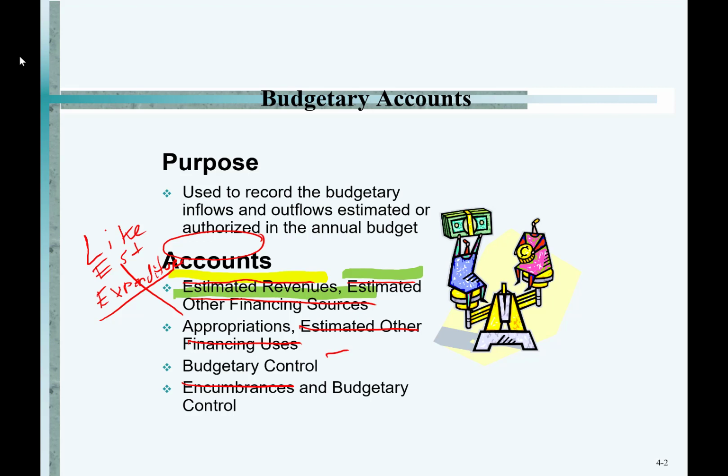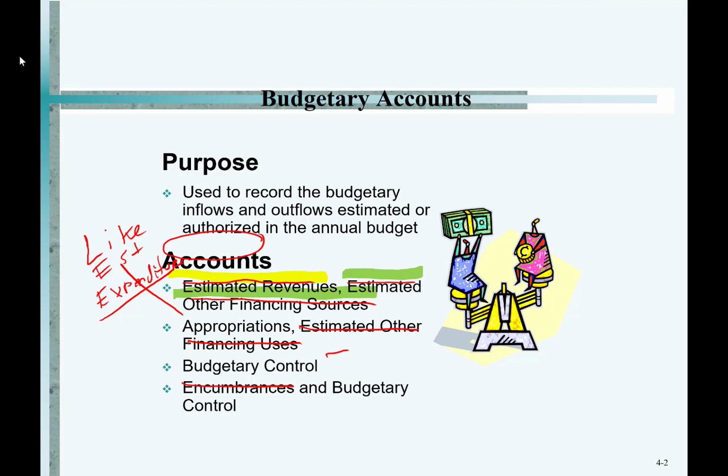Now, take a look at this next line down, and notice we have something called estimated other financing uses. Our other financing uses are like non-operating expenses, aren't they? What's the one other financing use? Transfers out is the one other financing use.